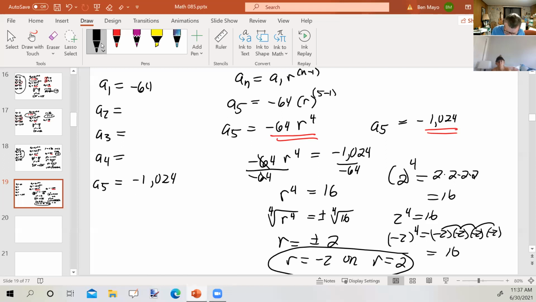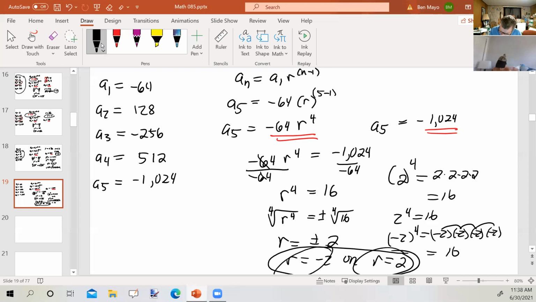If r is -2, -64 times -2 would be positive 128. 128 times -2 would be -256. -256 times -2 would be positive 512. Does that give me 2 positive and 1 negative? It does. So this works.